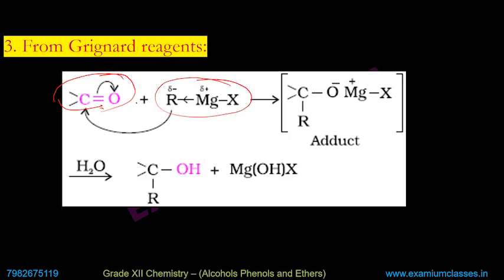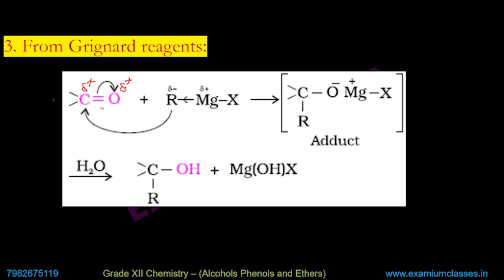The specific feature or property of Grignard agent is that alkyl group is slightly electronegative, and the reason is similar to what I explained in case of diborane, that hydrogen is slightly electronegative there. This is slightly electronegative because magnesium is highly electropositive. Because magnesium is highly electropositive, this alkyl group is slightly electronegative, and the carbonyl group, carbon is partial positive.